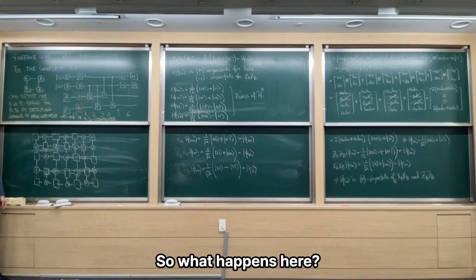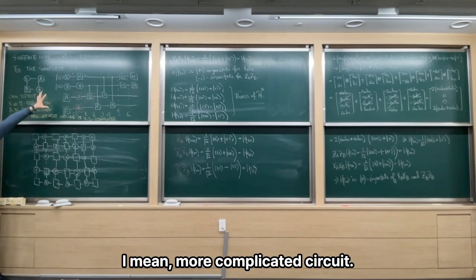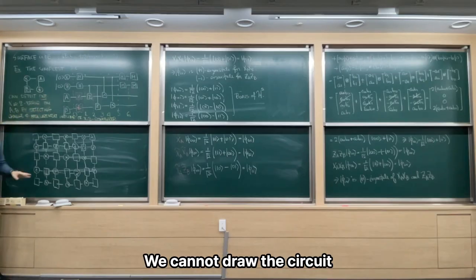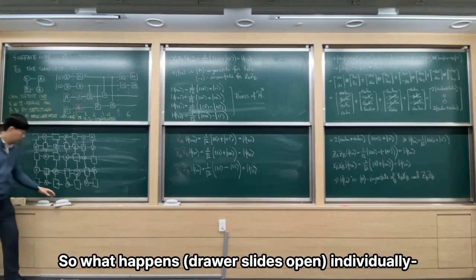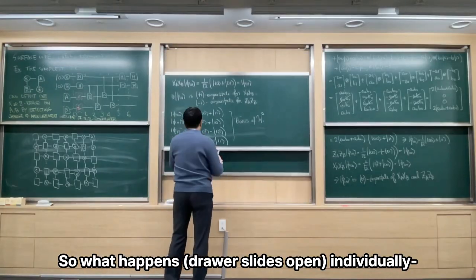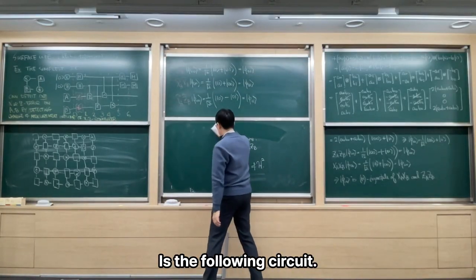So what happens here? We do the same thing with a more complicated circuit. We cannot draw the circuit for the entire thing, so individually it is the following circuit.